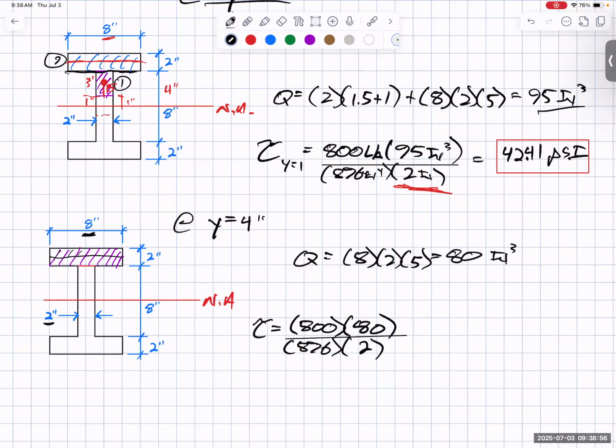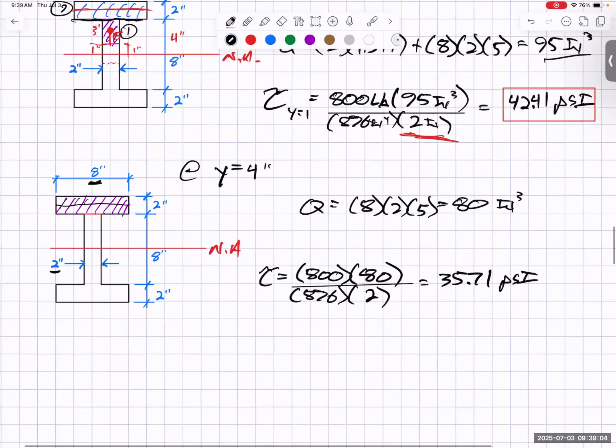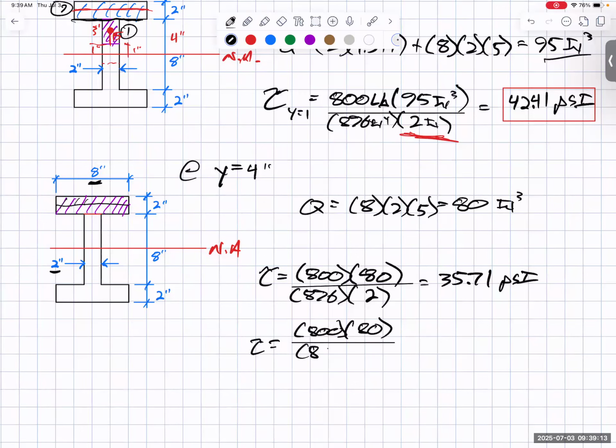So we have 2 inches, and that is 35.71 PSI. But I also could have said 800 times 80 over 896, getting messy, going too quick maybe, but I could also have an 8 there, and if I had an 8 there, we drop all the way down to 8.93 PSI.